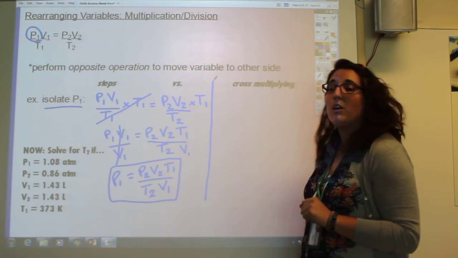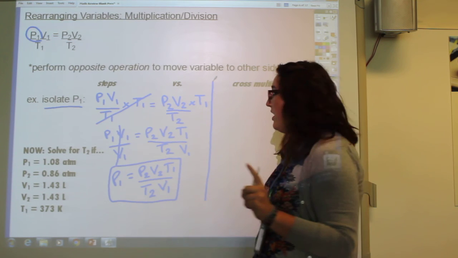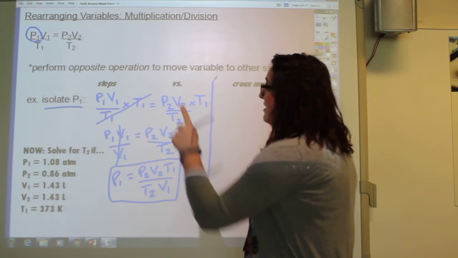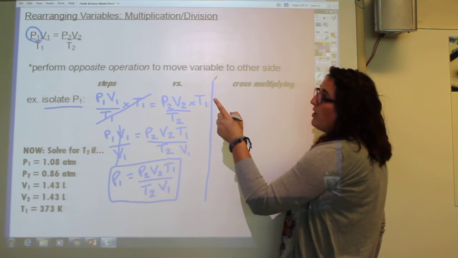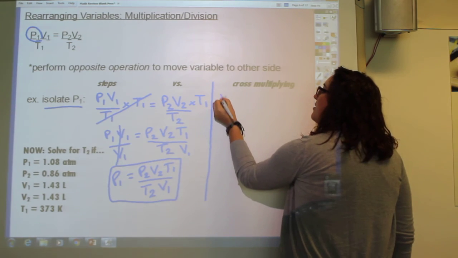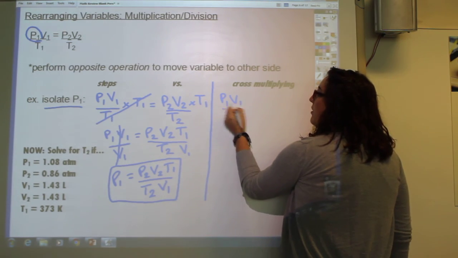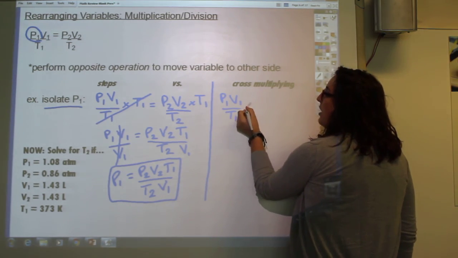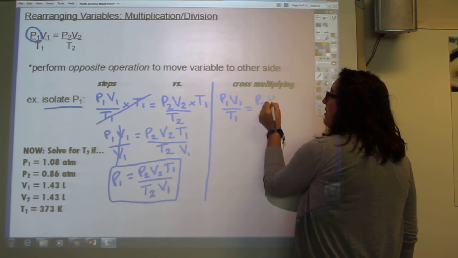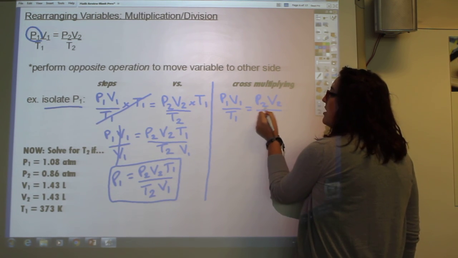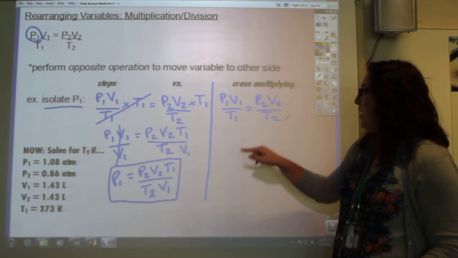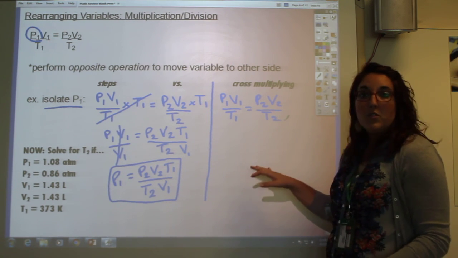Okay, but we can also do this with cross-multiplying. So if we were to take the same equation and we wanted to get P1 by itself, I'm going to write it out: P1 V1 over T1 equals P2 V2 over T2. All right. The first thing we can do is cross-multiply.